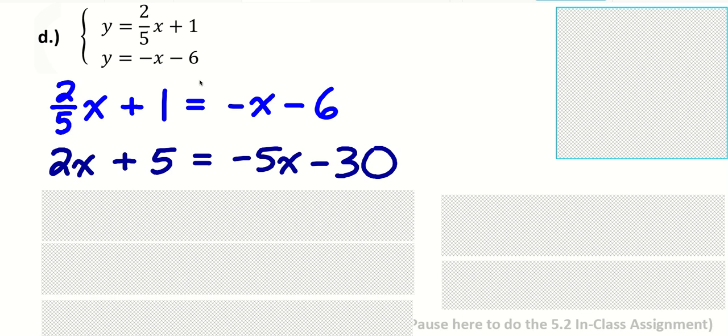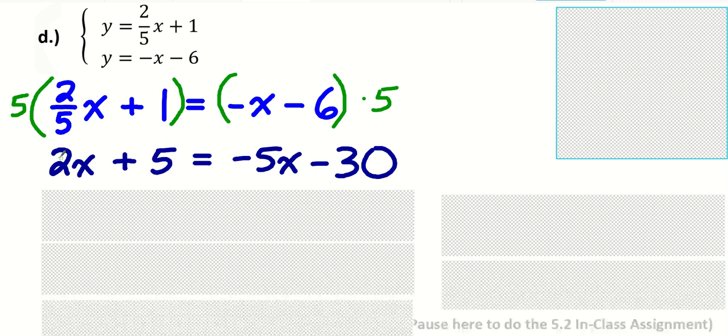Now in this one, there's only one fraction that I have to kind of clear. So what did I multiply both sides by to make this fraction not a fraction any longer? Looks like I multiplied both sides by 5, like the whole right side as well as the entire left side.